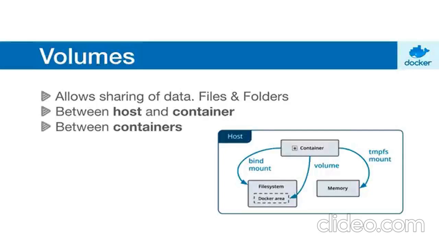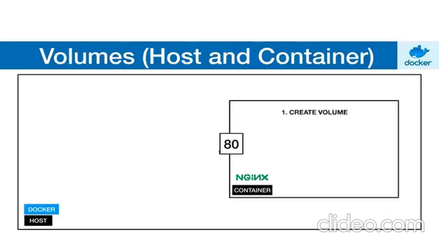The way it works is that you have a container running on a host, and in our case we have an Nginx container. So we have to create the volume, and then this volume allows you to share data between the host and container, and vice versa. Let's say that we add a file in our host, in our machine.